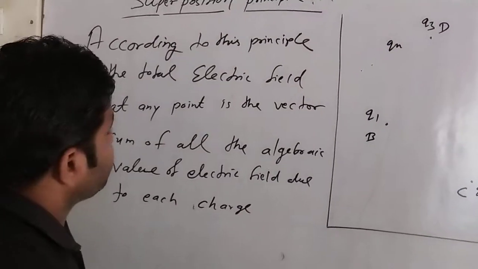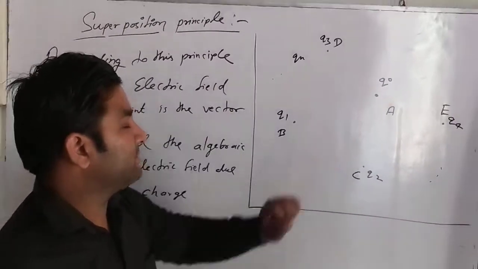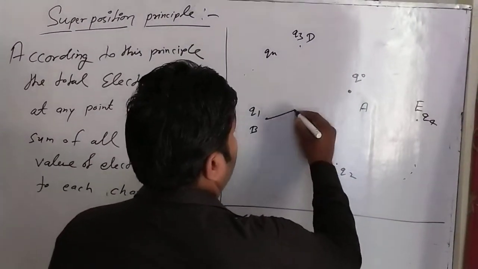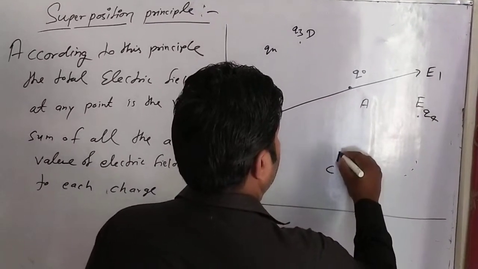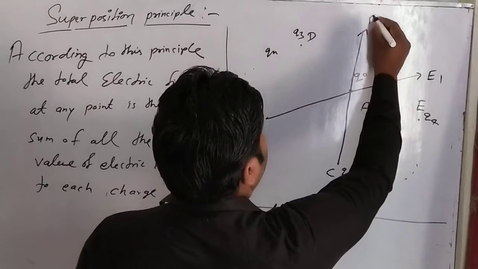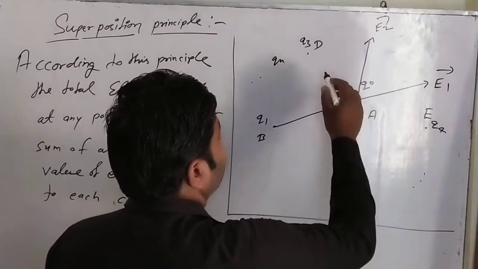It means suppose this one charge Q1 applies electric field E1 at this point, and Q2 applies E2 here, same as Q3 and Q4.